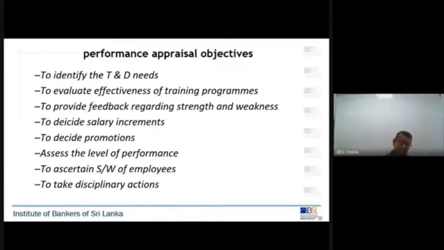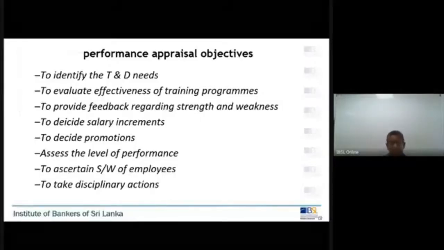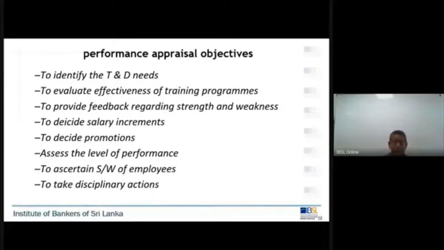Therefore, the training department can use this to conduct some training programs. So performance appraisal helps to identify the training and development needs of the organization.